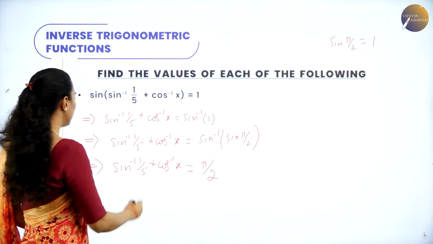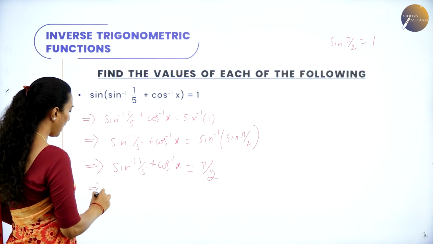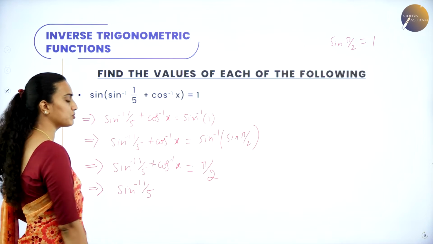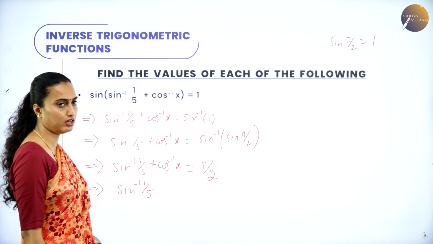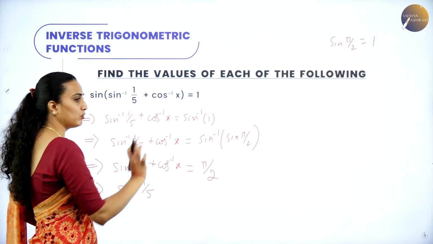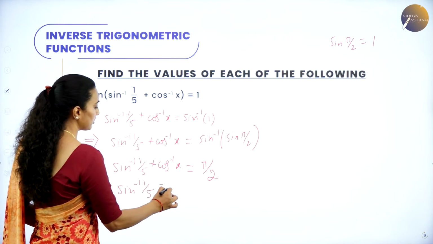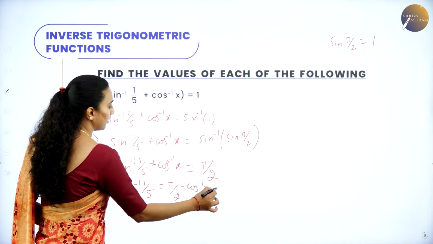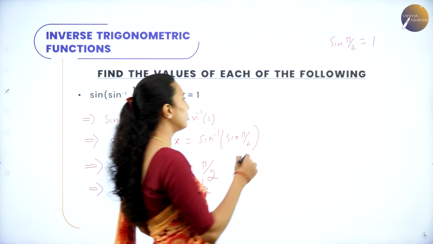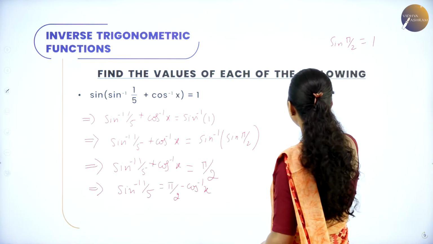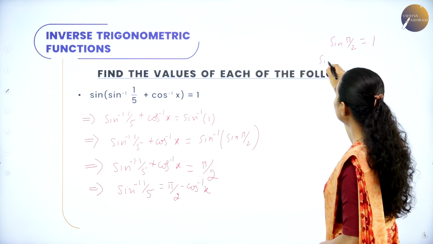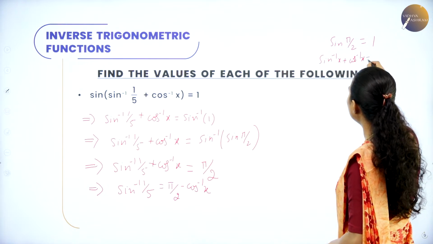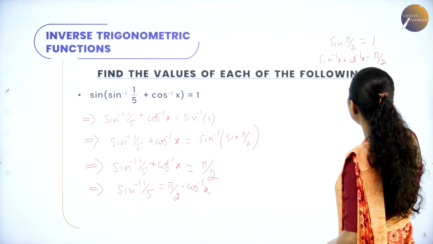Correct? So next we'll be moving on to this. I am going to keep sine inverse 1 by 5 on the left hand side, and take this cos inverse to the right hand side. So what happens? Pi by 2 minus cos inverse x. Now you know already, dear students, we have proved the property sine inverse x plus cos inverse x is equal to pi by 2.